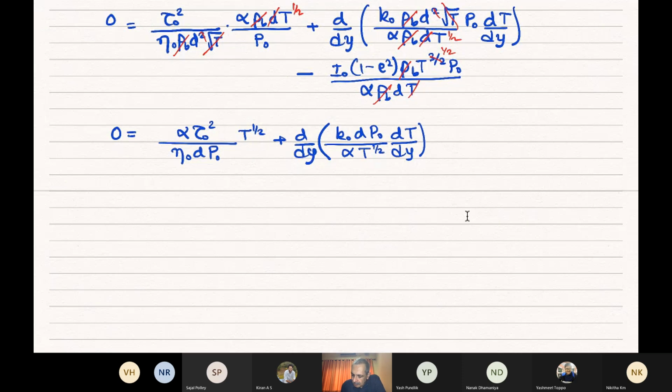And in the last term we have I0 into 1 minus E squared into P0 divided by alpha d into t raised to the power, equal to 0. So you can see this whole thing is just a differential equation in terms of the temperature.